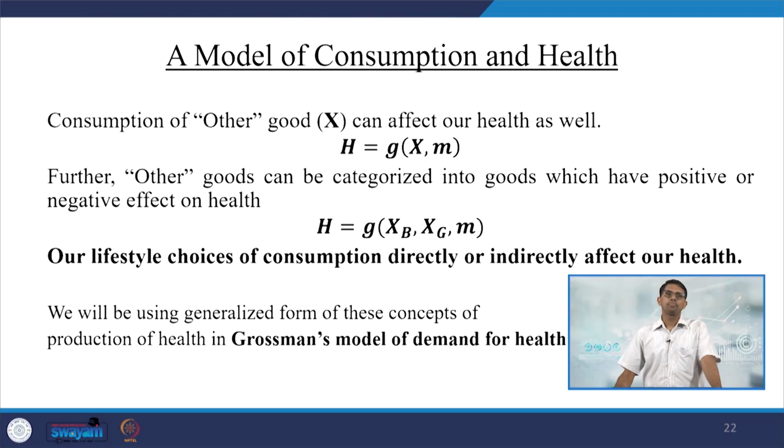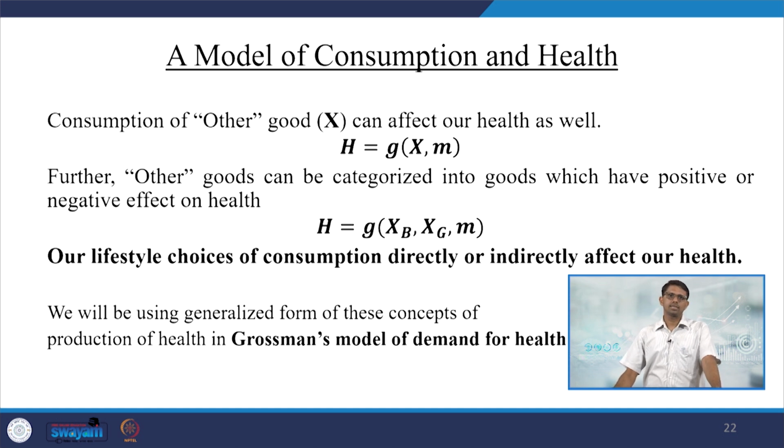All right. So, now we are explaining the complete model of consumption and health, once again with other commodities and medical products. X stands for other goods and M stands for medical goods. Here again we need to define whether this X is a good commodity or a bad commodity.